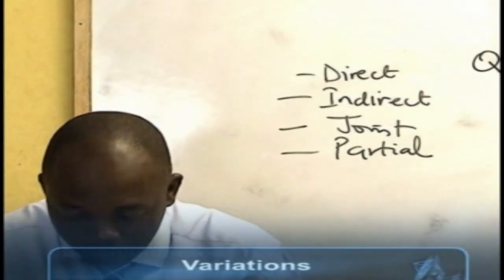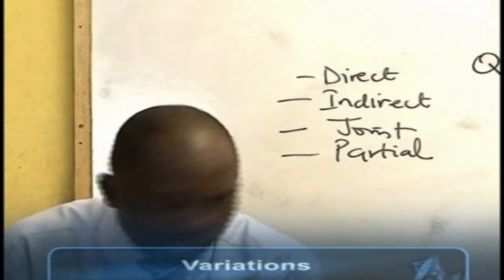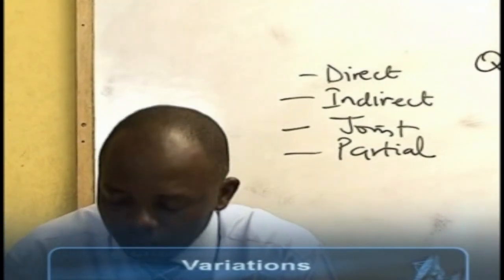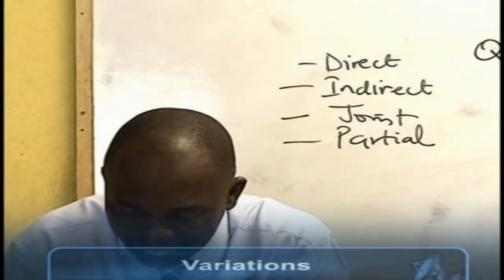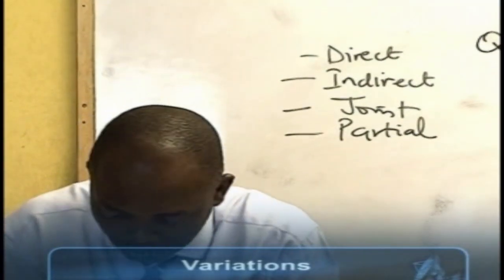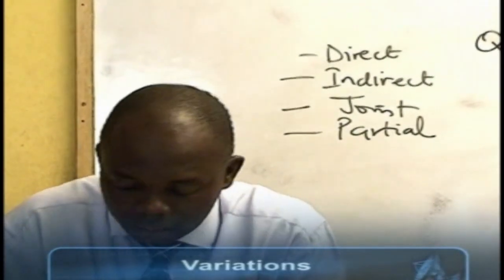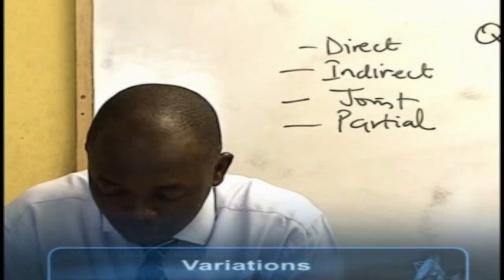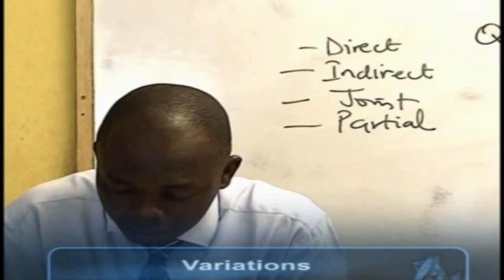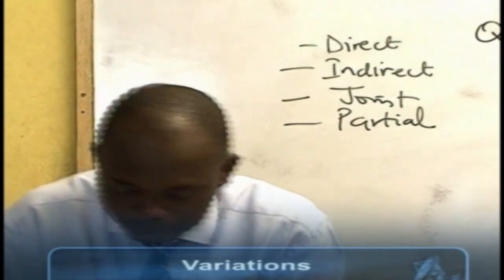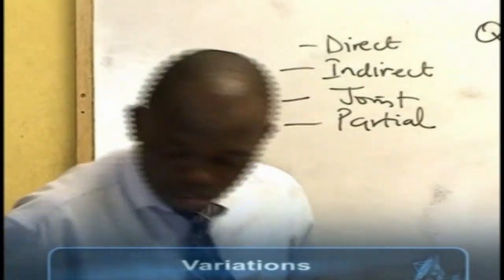If P varies directly as R, P equals 10 when R equals 20. Find the law that is connecting P and R and determine R when P equals 12.5. Let's quickly answer this question, then I will go to the other types of variation.